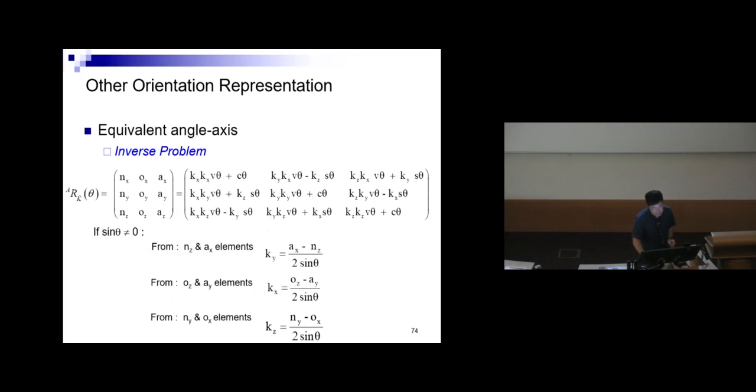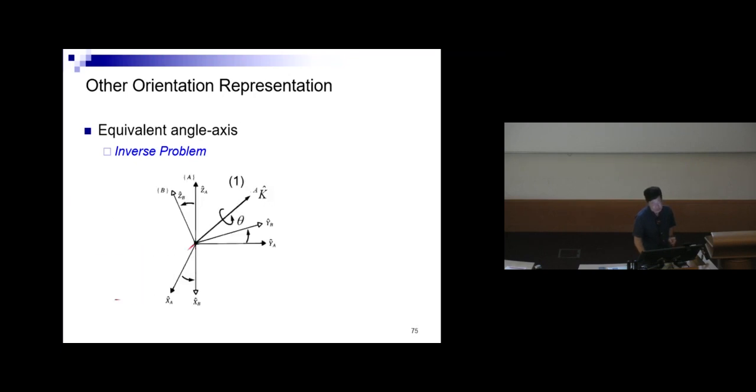These two solutions are represented over here. You have your AK hat with counterclockwise theta, and in the opposite direction you have your minus AK hat with clockwise minus theta. So in general, you will end up with two solutions.